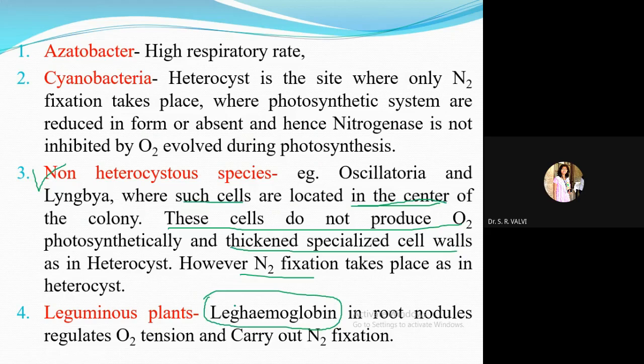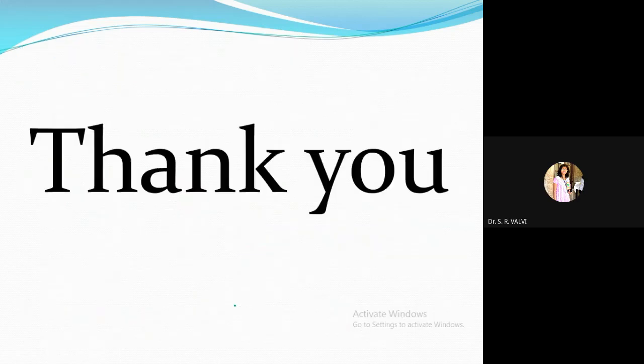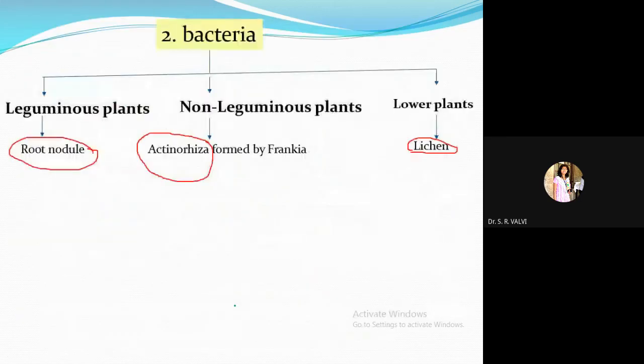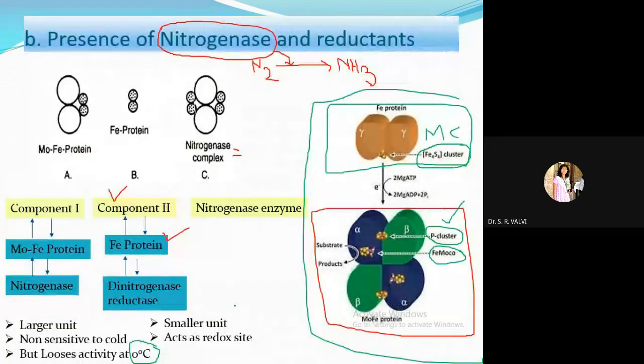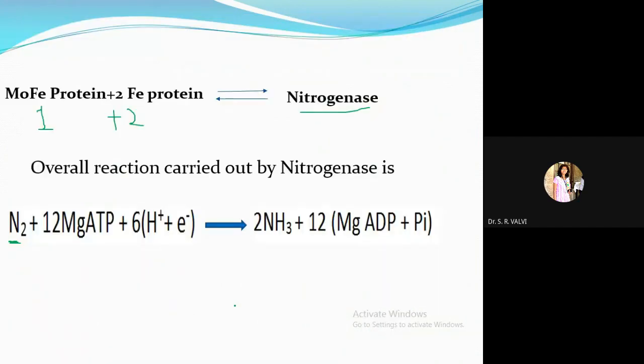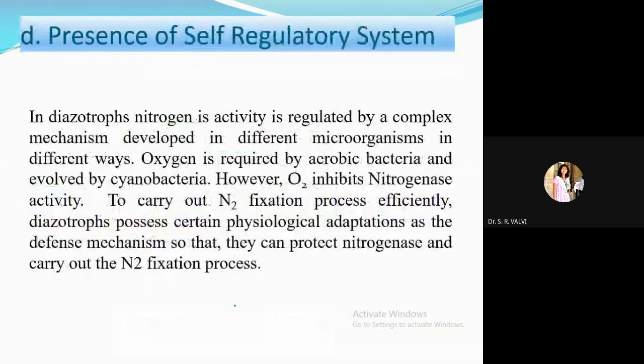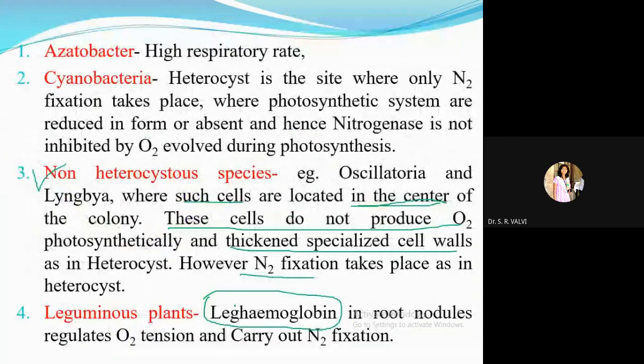Getting it? So recall the four special features we learned: the site of nitrogen fixation, then second, the presence of nitrogenase and reductants, then third, the presence of hydrogenase, and fourth, the presence of a self-regulatory system. Likewise, for four different conditions, I have given four different self-regulatory systems.